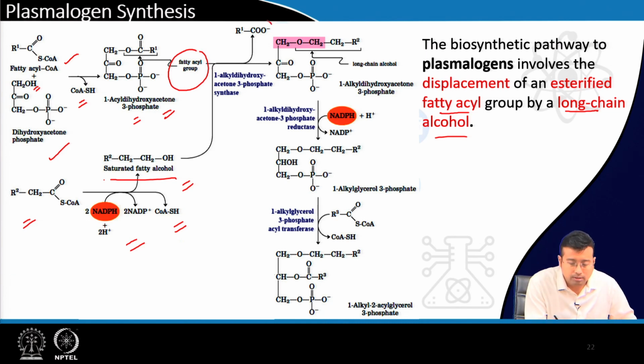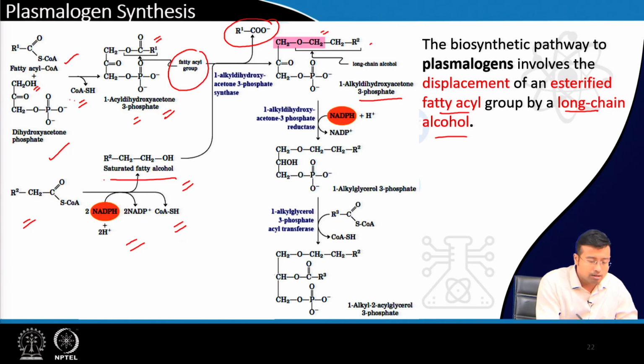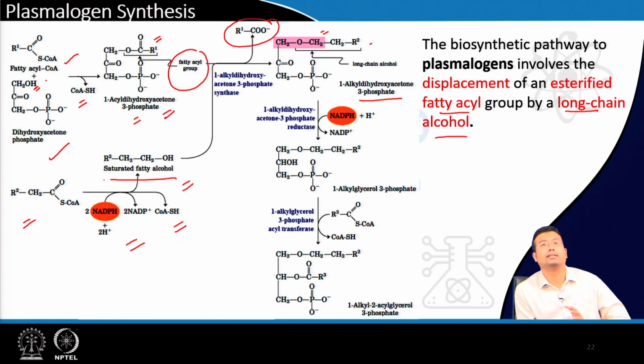The first RCO acyl group is lost and we are left with 1-alkyl dihydroxyacetone phosphate. Basically, what we have done is replaced the acyl group with a saturated alcohol. Okay, the alkyl group has replaced the first OH group of dihydroxyacetone phosphate.